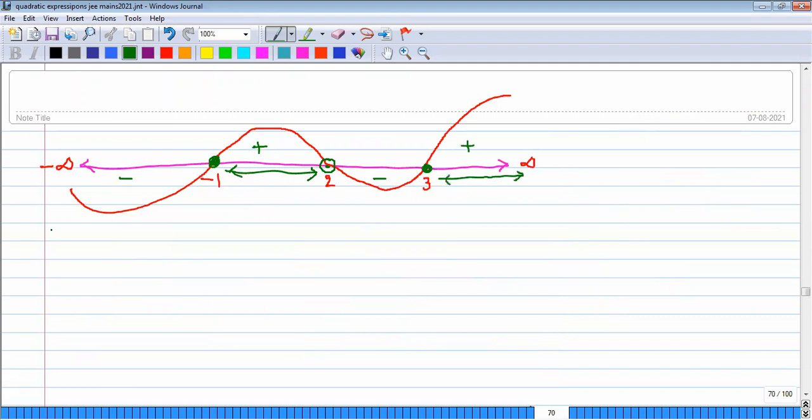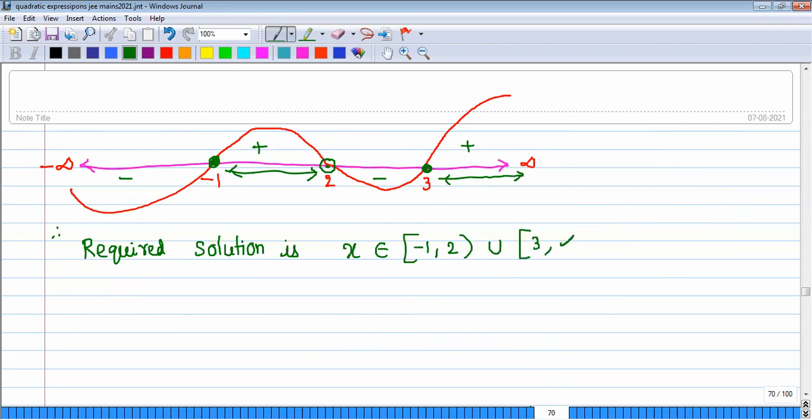Therefore the required solution is x belongs to closed minus 1 comma 2 open union closed 3 to infinity. For these values, the given expression is positive or equal to 0.